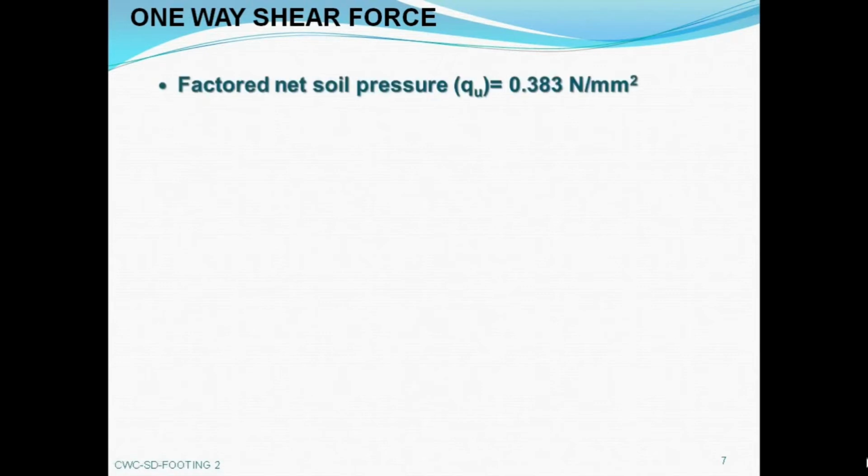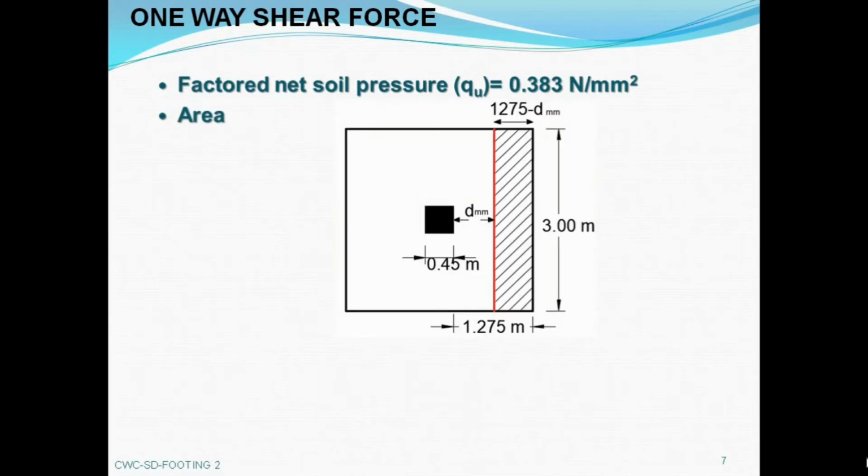Let's see how to calculate one-way shear force. We have already calculated factored net soil pressure as 0.383 Newton per mm square. Next comes the area. Please refer to the figure.